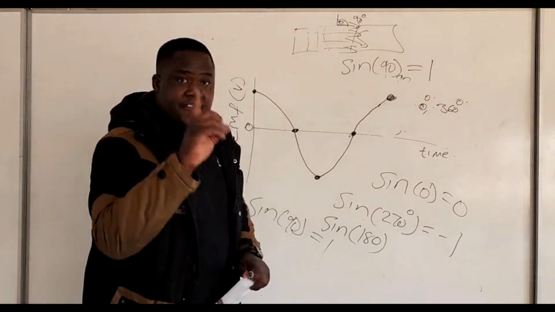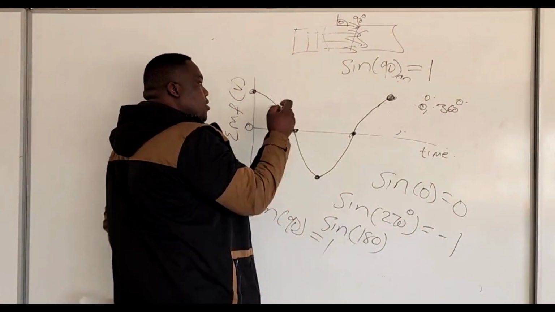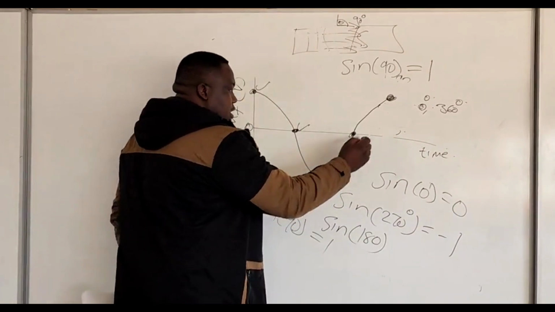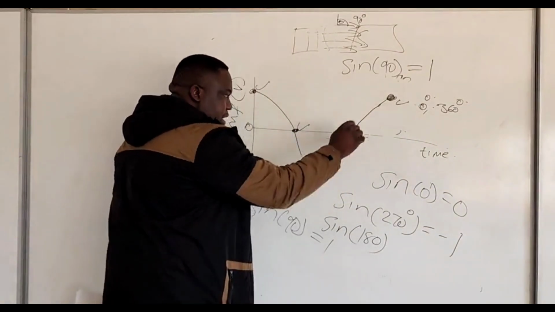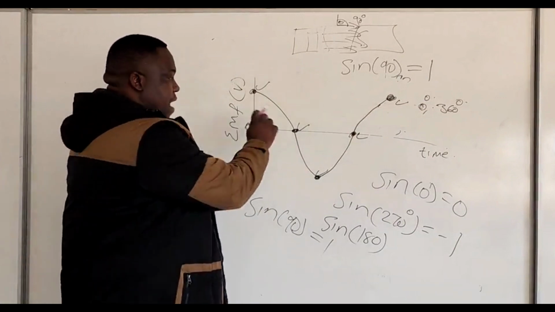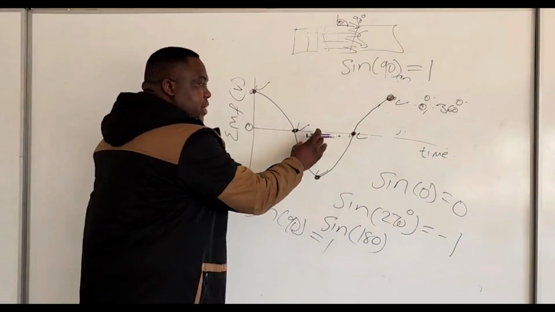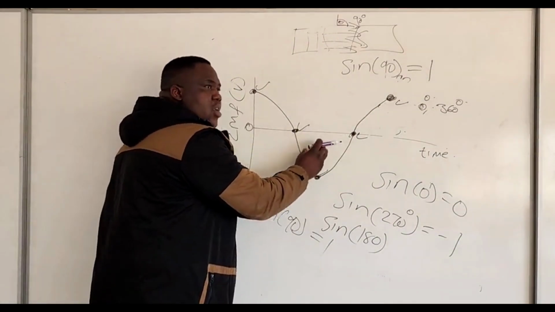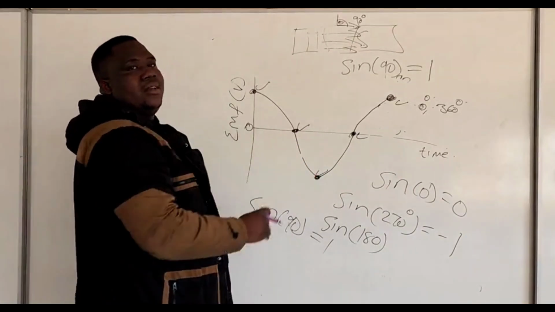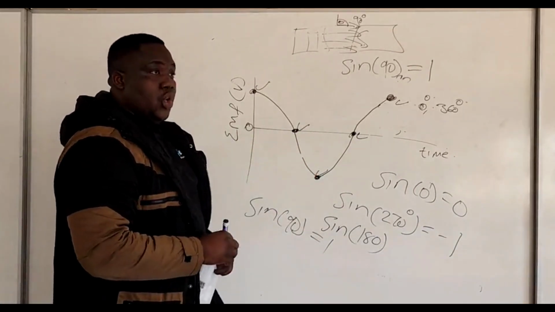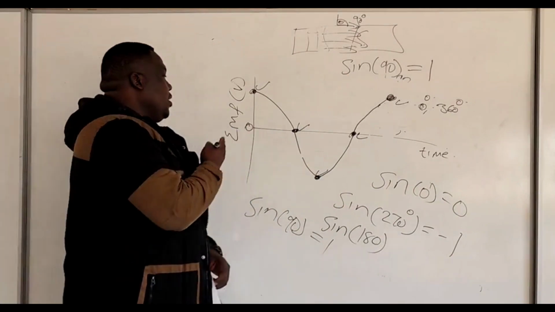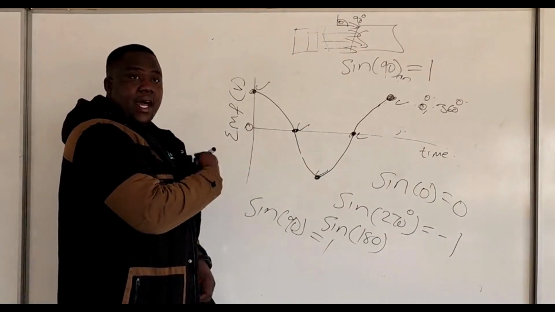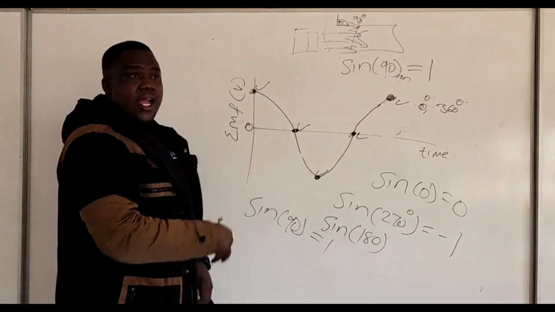Let us count the first turn: 1, 2, 3, 4, 5. You can see that we have 5 points, so it represents that it has turned only once. I hope you understood the EMF time graph for electrodynamics.